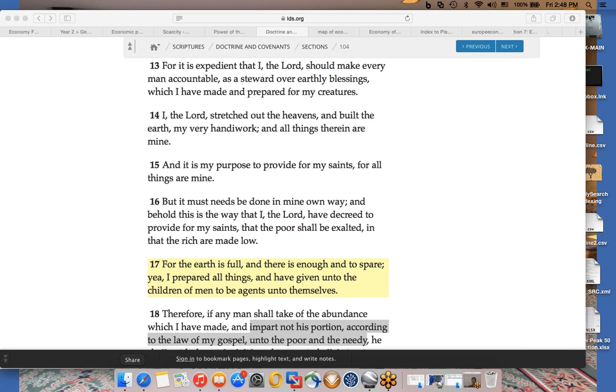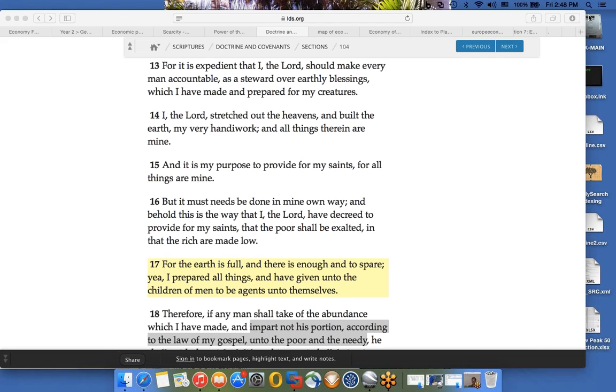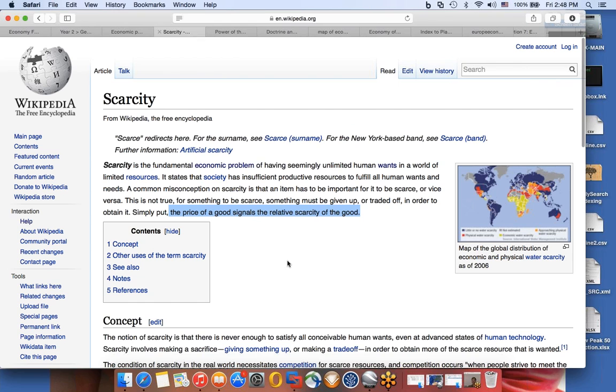So now we can see the economic problem. We talk about needs and wants. We talk about the price of things, how the price of things is determined, and it is really determined by the perceived scarcity or the perceived value of something.